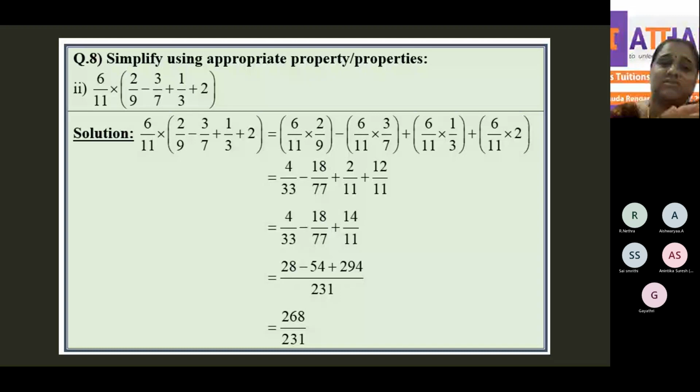If the common is not taken, take out common. If that common is taken, then distribute it. So see here, 6 by 11 is taken out common. So distribute 6 by 11 to every term inside the bracket. That's what you see here. And then you can understand. Yes, complete this, children.